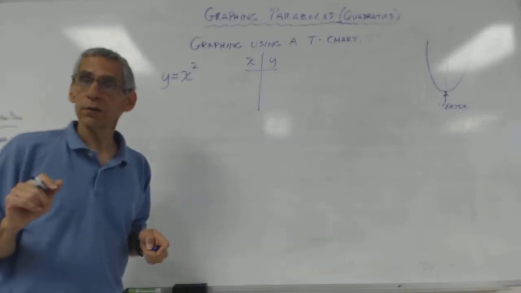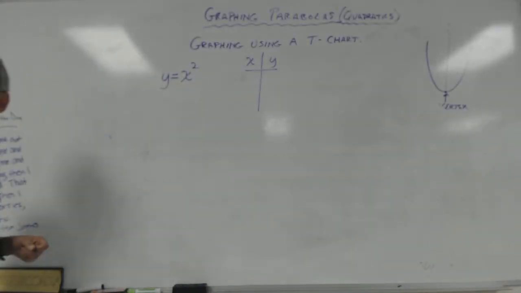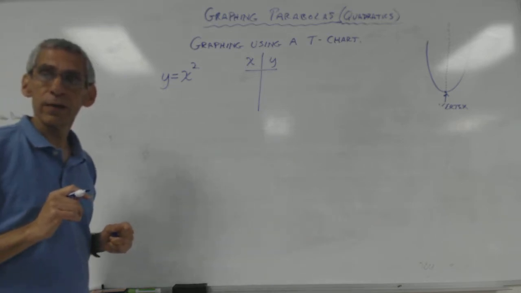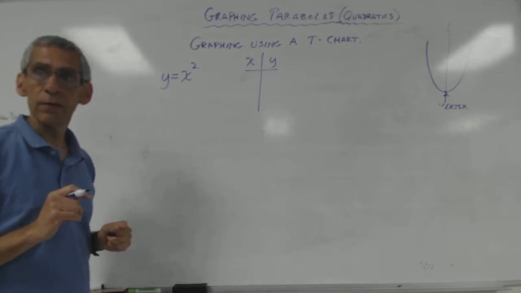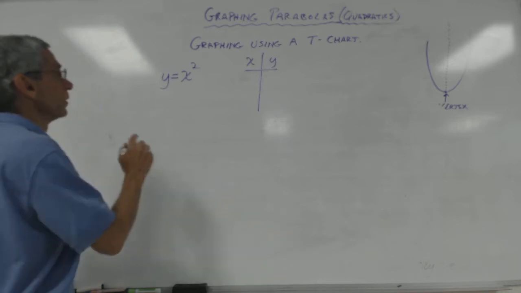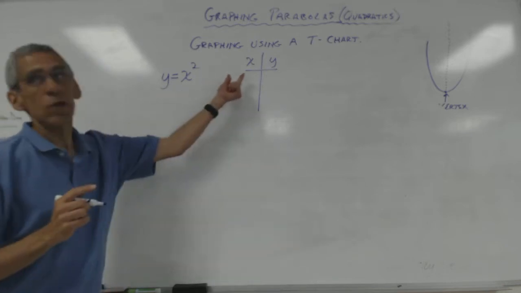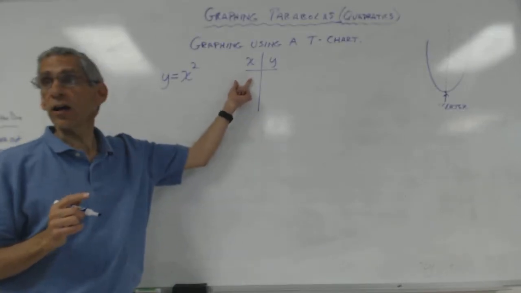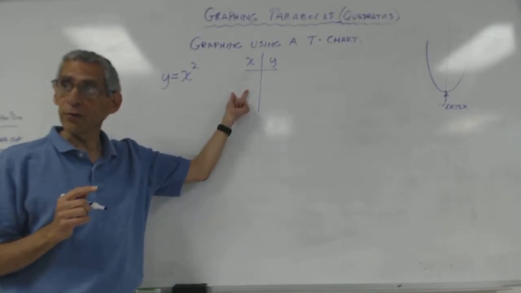I think I know how to find the answer for this. Whatever your x is, you multiply that by itself. That is correct. So we are going to choose our x's. Our x's are called independent variables.